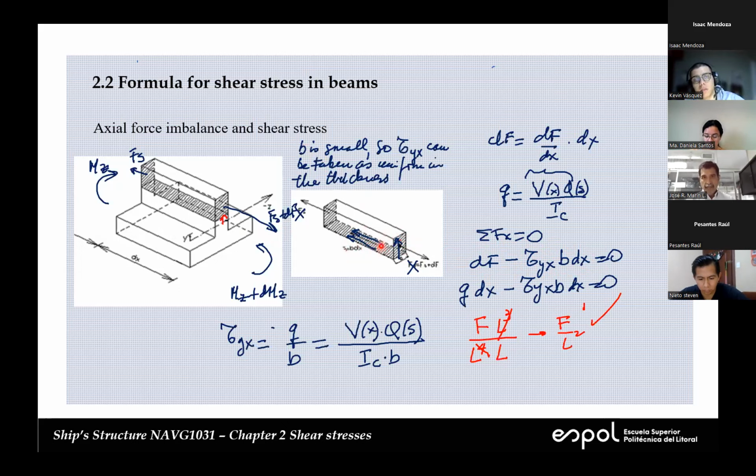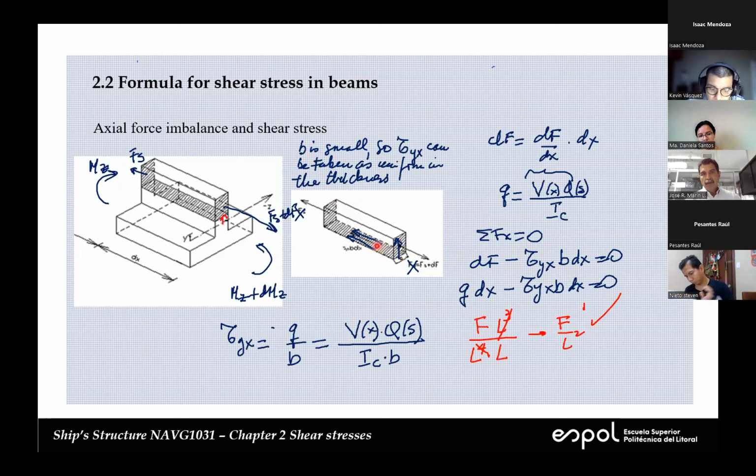Okay, so we're saying that the thickness when we make the cut is small. If this is not true, then we have to consider the variation of tau. So we will do an integration in the z direction. But the problem is that in that case, we have to include more information because we have no idea of the variation, right? So the only way we can apply this directly is to assume that B is small.